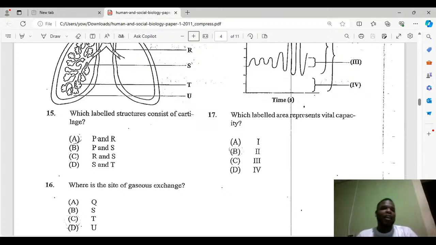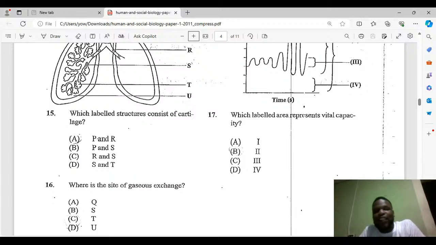First of all, where does gas exchange take place in the lungs? Which site are they asking you for? They want the alveoli. So which site here would be the alveoli? It would be C, where T is.